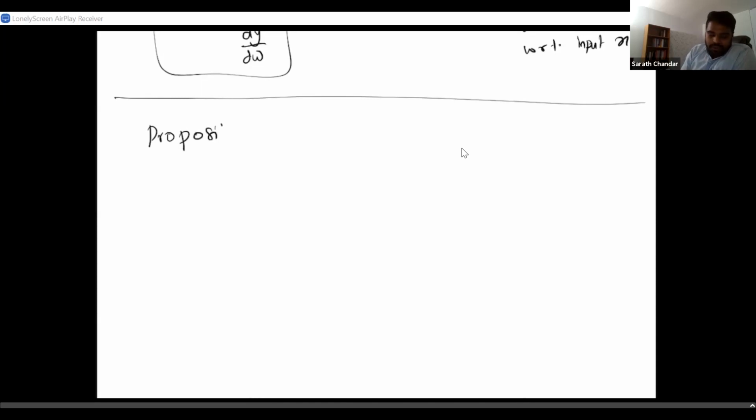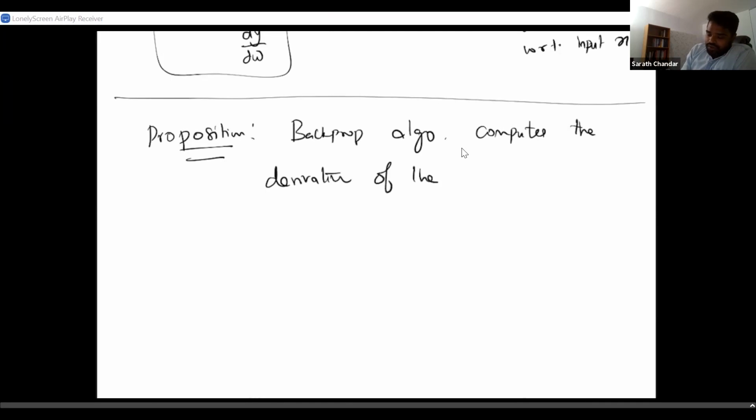Okay, so now the proposition here is the backprop algorithm computes the derivative of the network function f with respect to input x correctly.